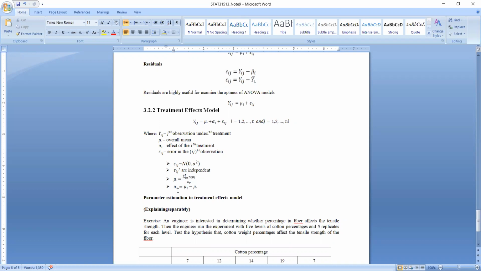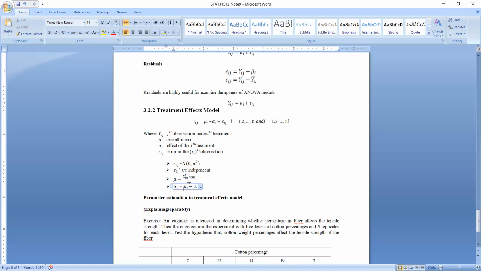And when it comes to the treatment effect, we take mu i, the mean value of the ith treatment, and we subtract the grand or the overall mean from that, and that would estimate alpha i, the effect of treatment i.